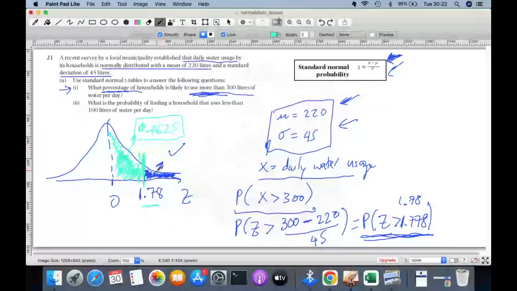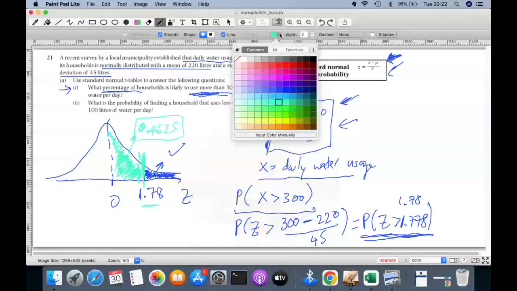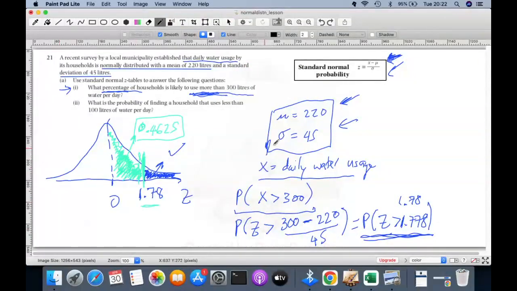But remember, I need this other area, this dark blue area instead. What you need to remember for the normal curve is this: there's your z-axis, there's your curve, and it's centered at 0.